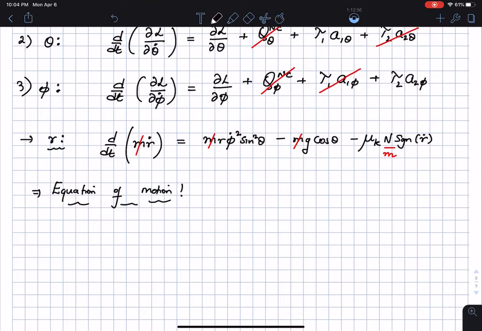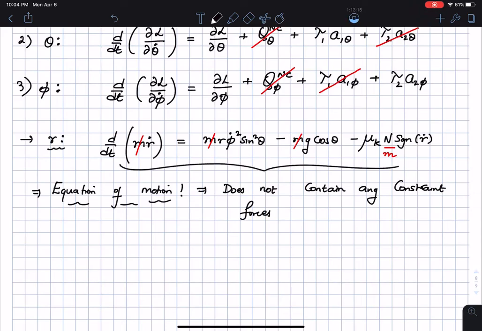This is because if I look at the expression above, it does not contain any constraint forces. So this is actually the equation of motion for me.